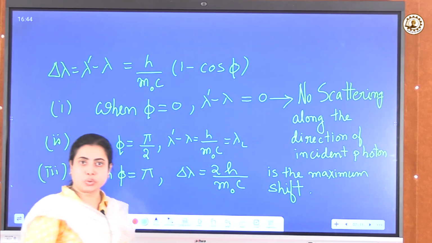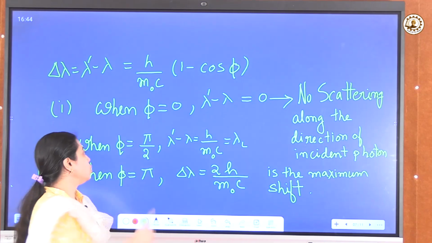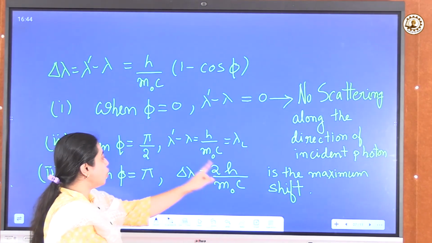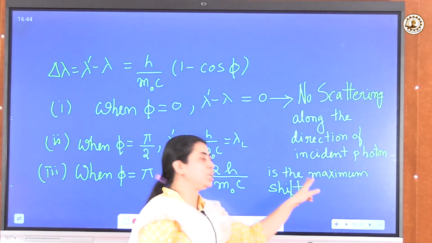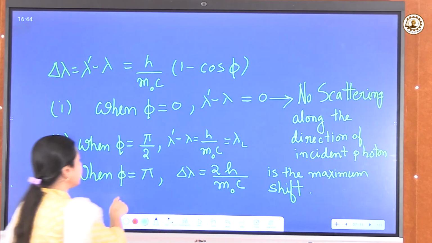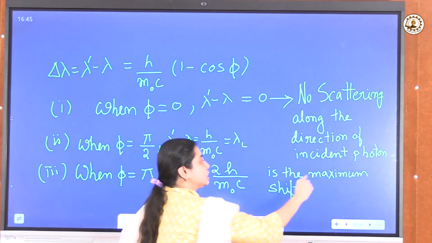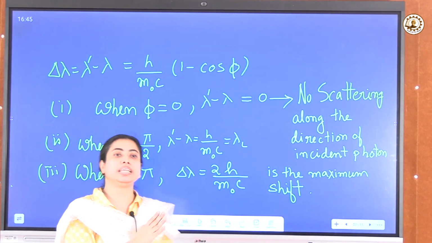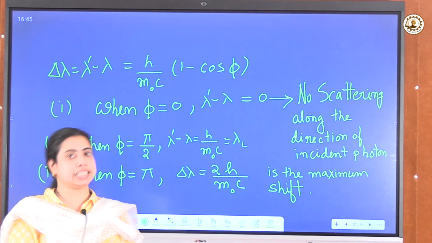Cos 180 degrees equals minus 1, so 1 minus minus 1 is equal to 2, giving 2 into h by m0c. This is the highest value of the Compton shift. So when phi equals pi, the Compton shift is maximum. For maximum Compton shift, we need the scattering angle of the photon to be 180 degrees.